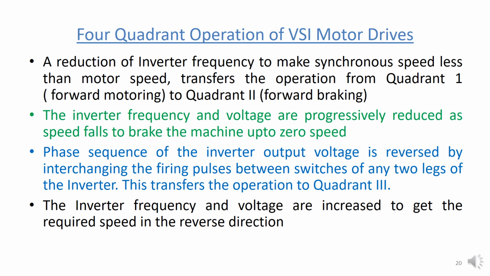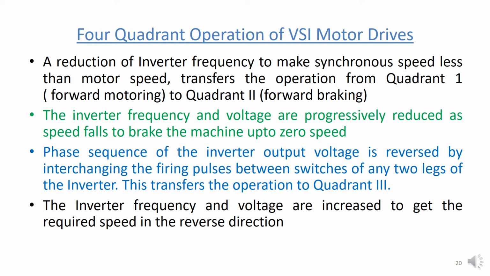Let us see the four-quadrant operation of VSI-fed drives. A reduction of inverter frequency makes the synchronous speed less than the motor speed. This transfers the operation from quadrant 1 to quadrant 2, that is, from forward motoring to forward braking. The inverter frequency and voltage are progressively reduced as speed falls to brake the machine down to zero speed.